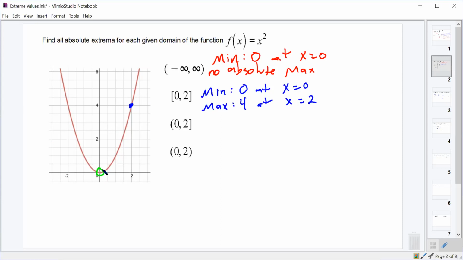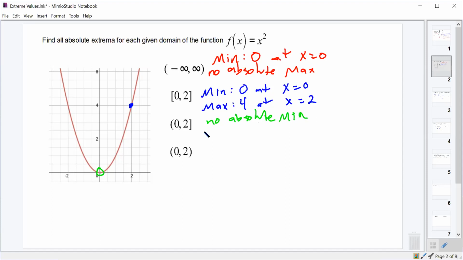We get very, very close to the 0. We can get down to 0.000000001, but we can always get lower than that, right? We can add 1,000 more zeros, or 1,000,000 more zeros, or an infinite number of more zeros. We never actually get to 0. So there is no absolute min.